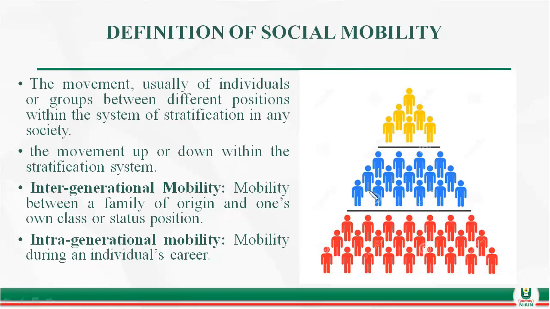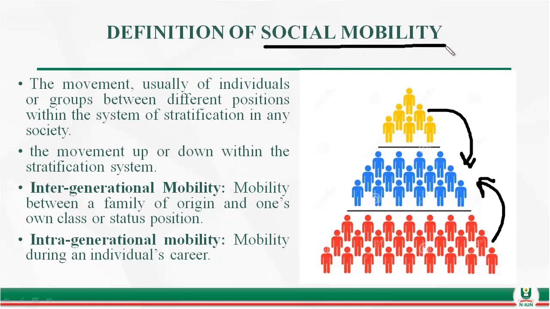As individuals change positions, as they change hierarchy of positions, move from one level to the other, whether up or down, at any level, it is called social mobility. That is the movement of individuals from one level to the other. Even the movement of groups is also termed social mobility.